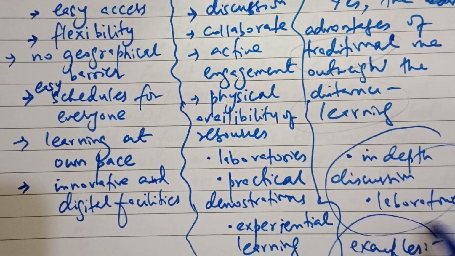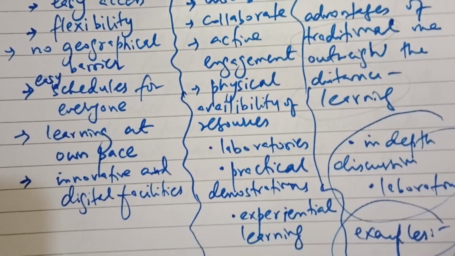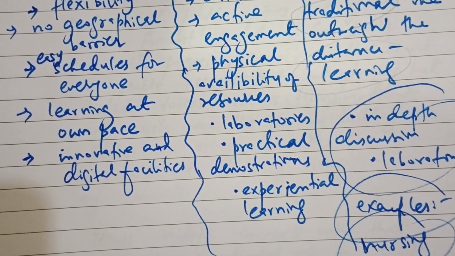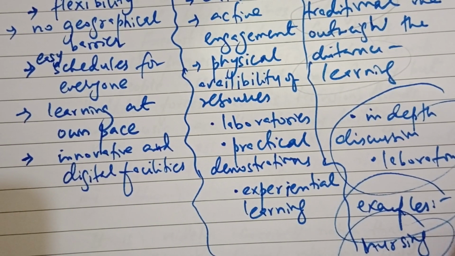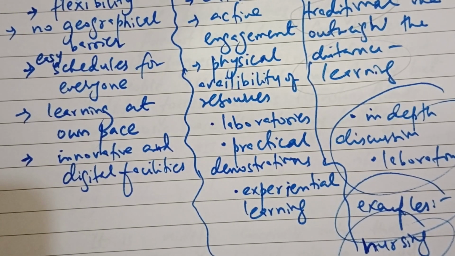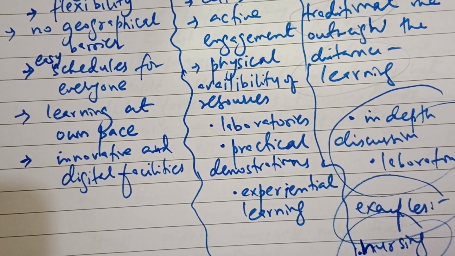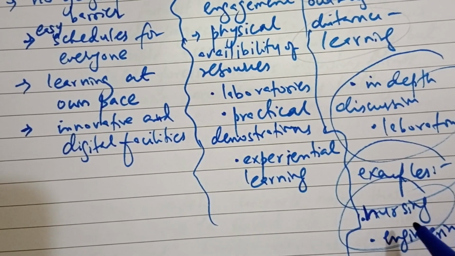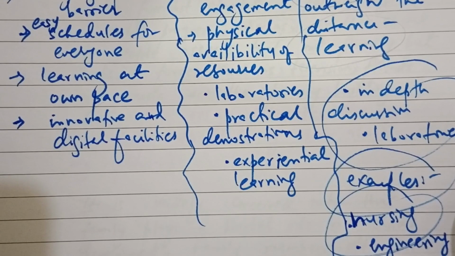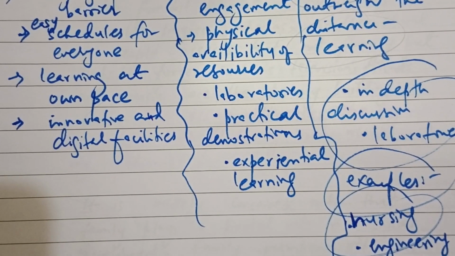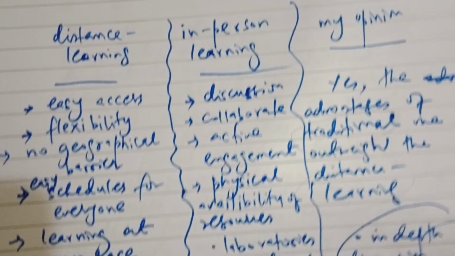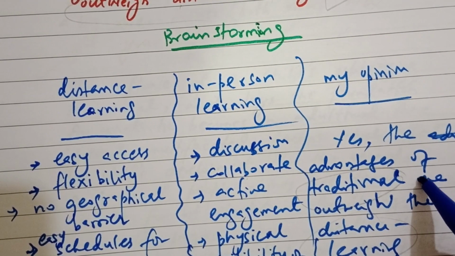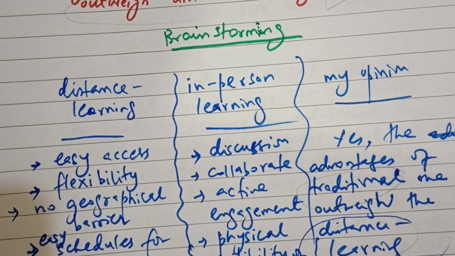The examples are like, if you want to learn the course of nursing, it can only be learned when you are physically available, because it needs practical work. Or even in the main fields of engineering, be it mechanical engineering or chemical engineering, they also need some practical work. So the advantages of traditional learning outweigh distance learning, because distance learning encompasses limitations.